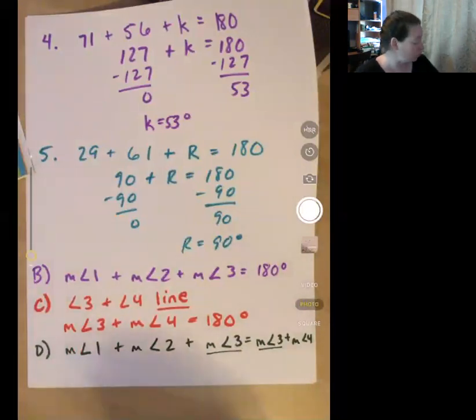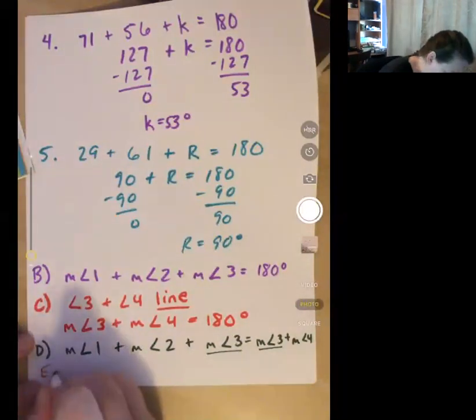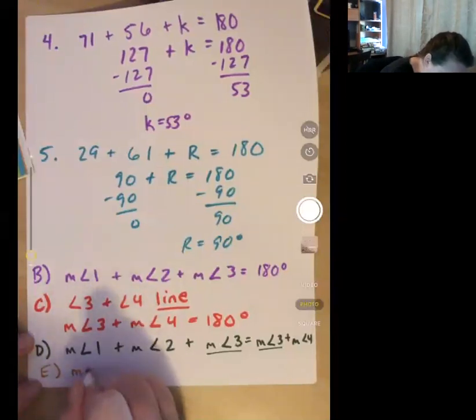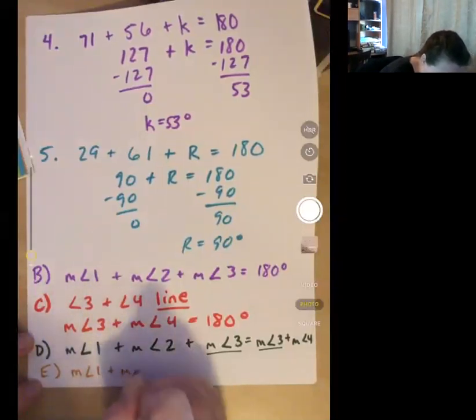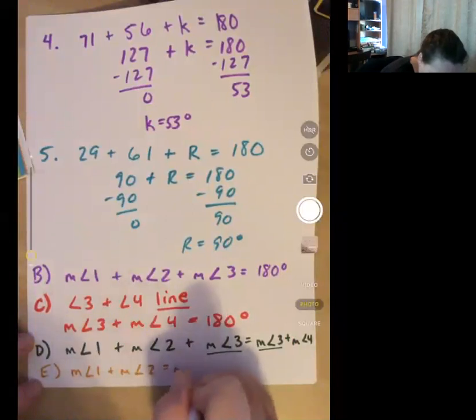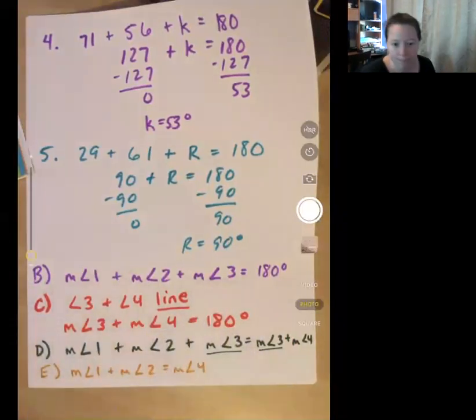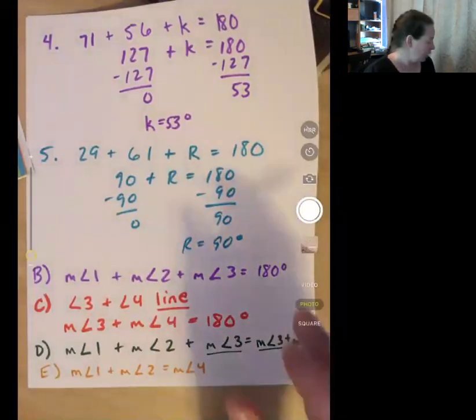So we can rewrite the equation as the measure of angle 1 plus the measure of angle 2 equals the measure of angle 4. Okay? Does that make sense? We don't actually need the 3. I could go minus the measure of angle 3 to both sides, and it would just get rid of it entirely. So I can simplify it down to the measure of angle 1 plus the measure of angle 2 equals the measure of angle 4.